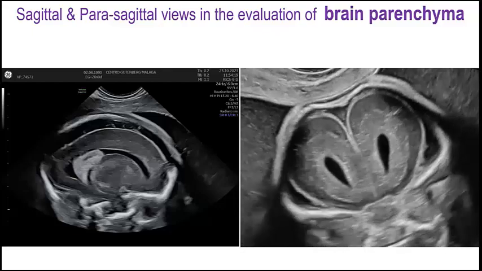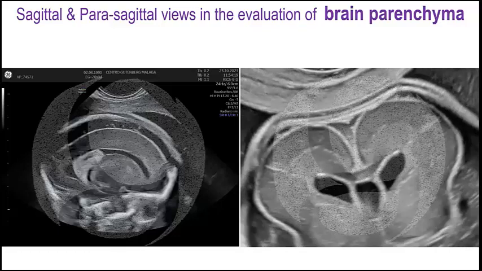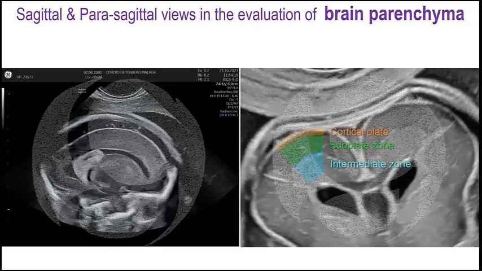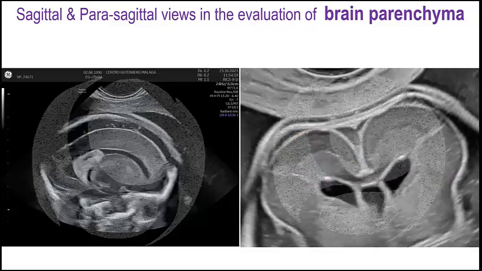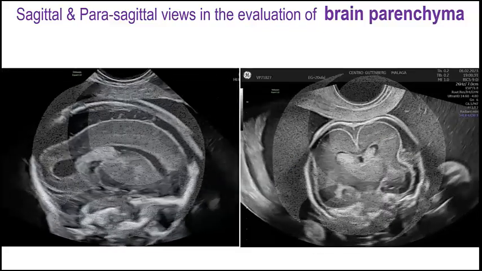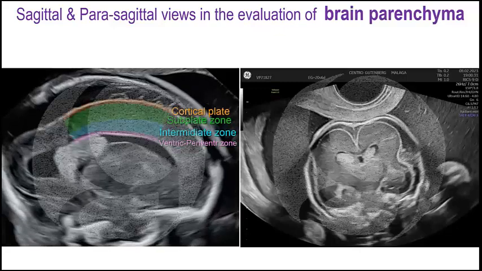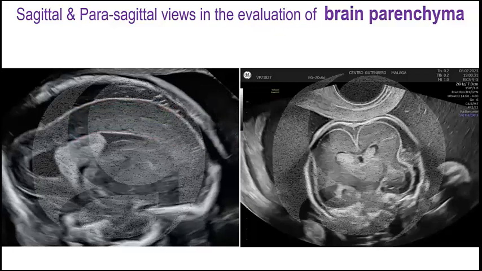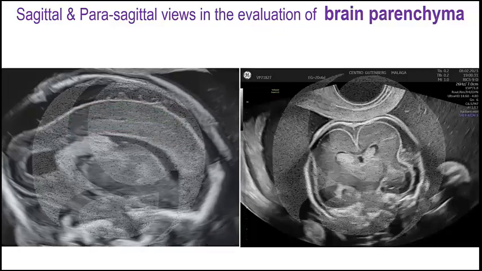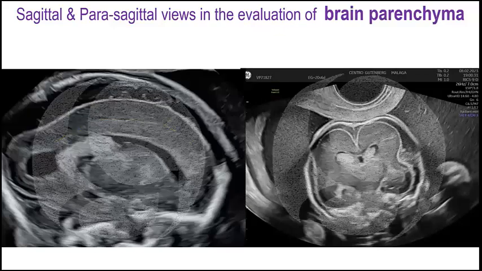Look how nicely we can assess the brain lamination in the coronal view by transvaginal approach. And here in the parasagittal plane. This is the intermediate zone subplate line.